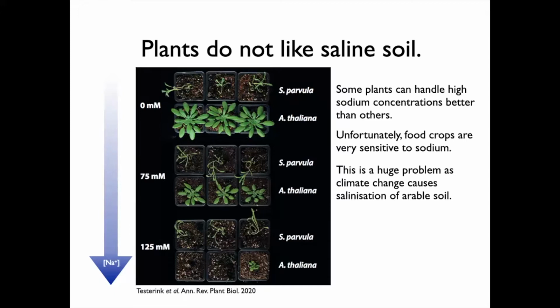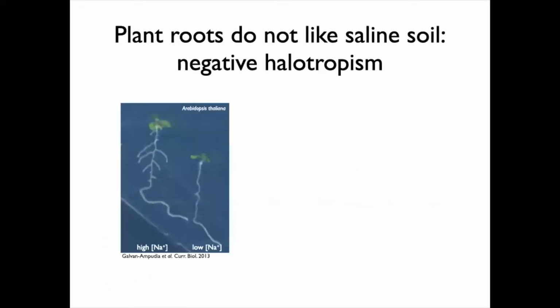Looking a bit more closely, what do plants do if they come close to more sodium-rich soil? Arabidopsis thaliana has roots that grow away from the high sodium concentration soil. Here, the dark one has a high sodium concentration, and here is low sodium concentration. You see that the roots grow away from that.